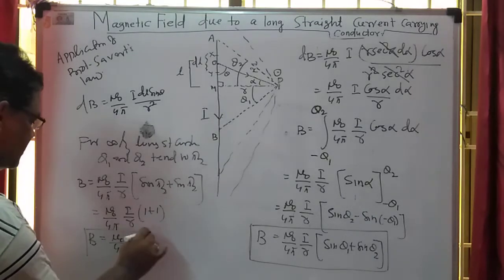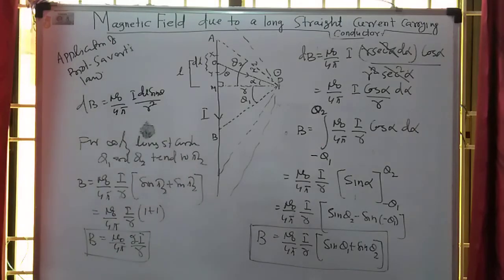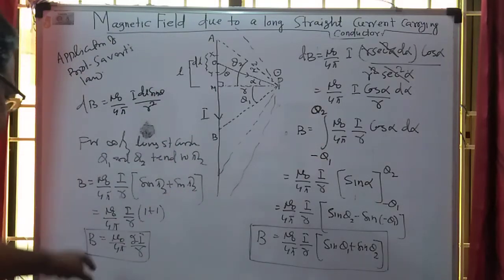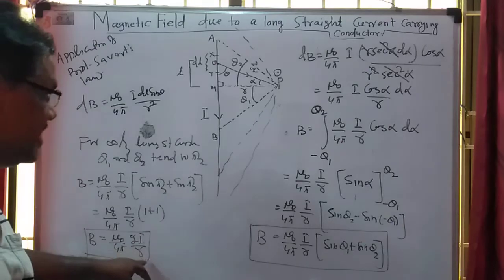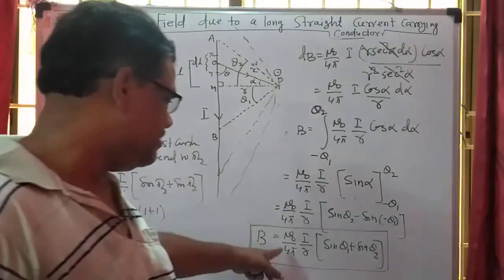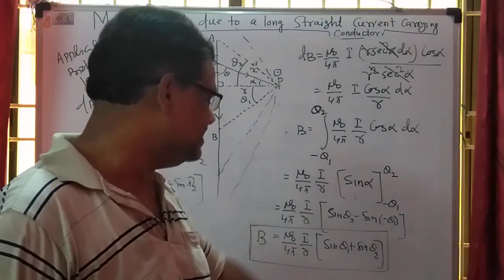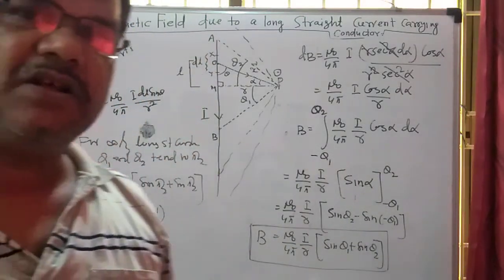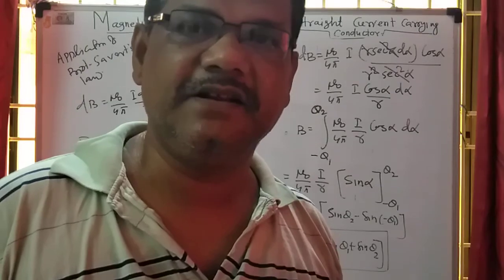This is the required expression for the infinitely long straight conductor. If the current carrying conductor is finite, we have to use mu naught by 4 pi I upon r into sin theta 1 plus sin theta 2. This is all about the expression for the current carrying conductor. Thank you.